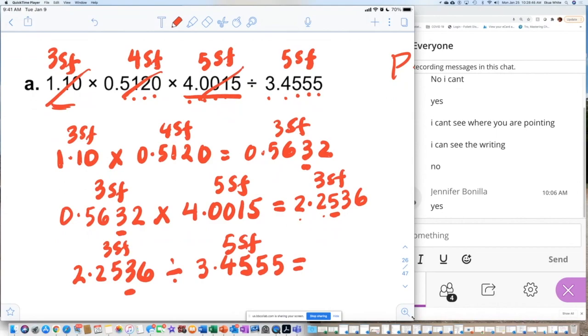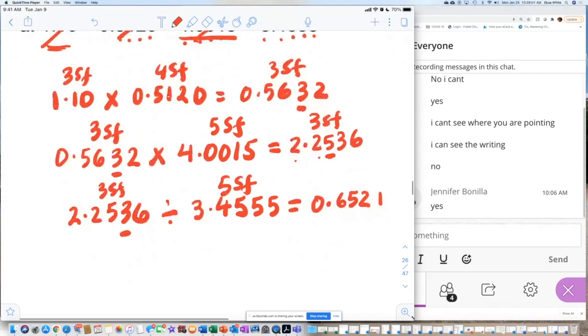I take my number in my calculator, divide by 3.4555. Okay. Finally, without deleting anything, I write my answer as 0.6521, whatever. But I only need 3 significant figures. This number here is not significant, it's a leading 0. So this works, this works, this works, and my final answer is going to be 0.652, and that should be my final answer.